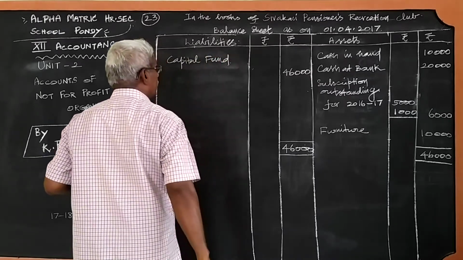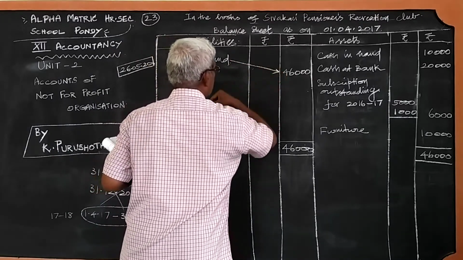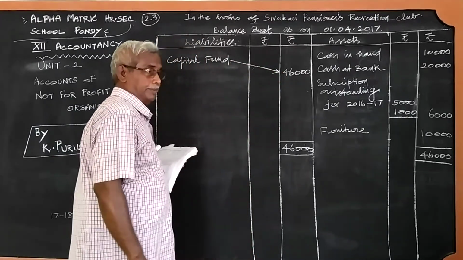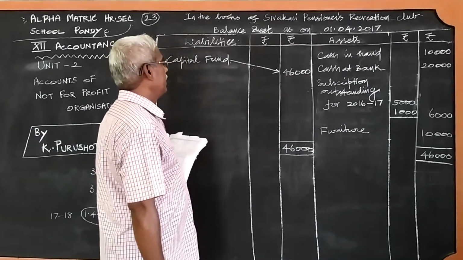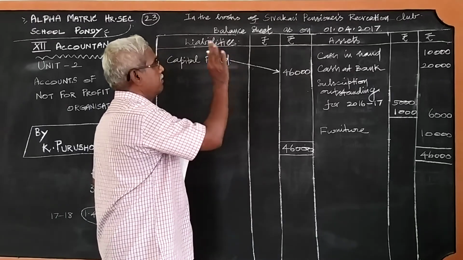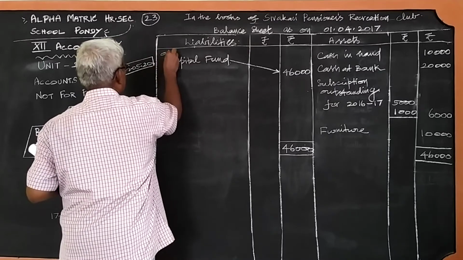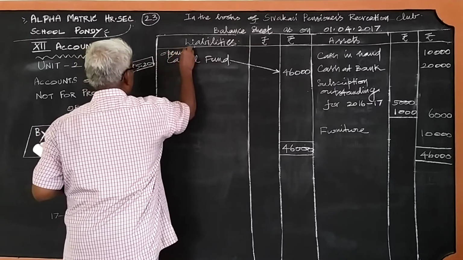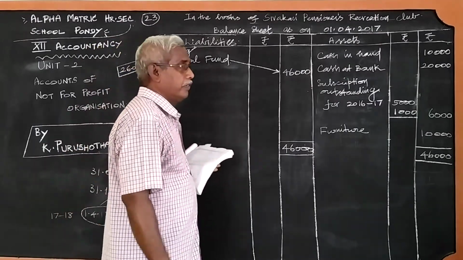Capital fund 46,000. No other item to be written on the liability side. Therefore, capital fund is 46,000. That is the balancing figure. Since the capital fund is in the beginning, we can call it as opening capital fund.